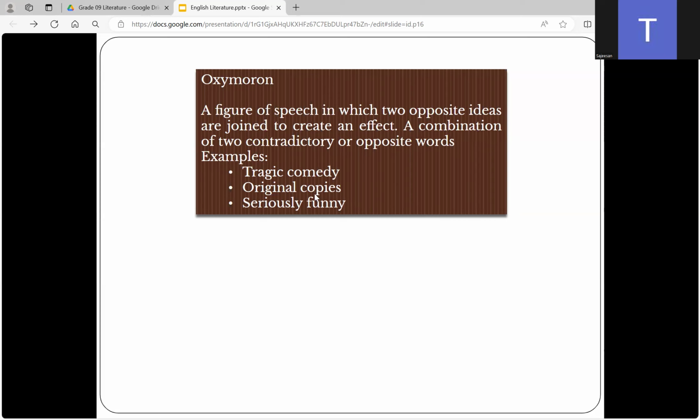Original copies. How can original become copies? Seriously funny. How can serious become funny? So these are some examples for the use of oxymoron. Two opposite words are joining together to bring some feeling or else some emotion. Okay?